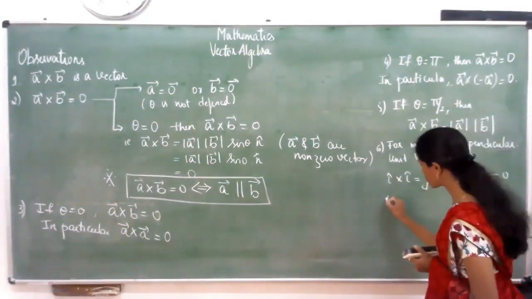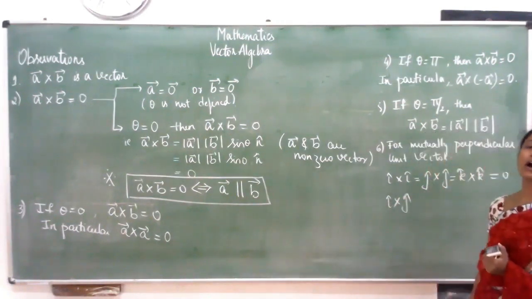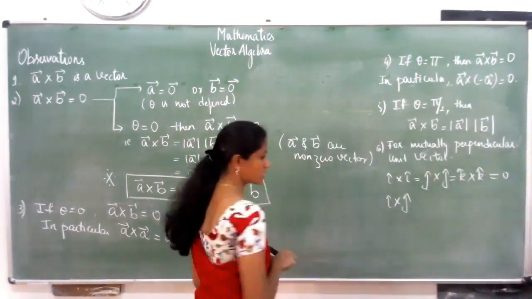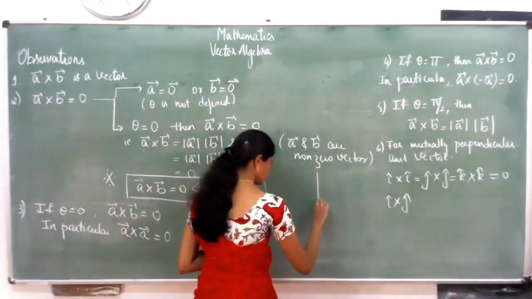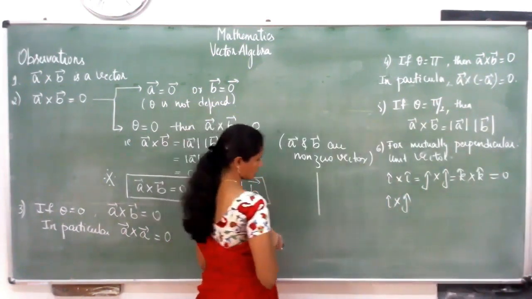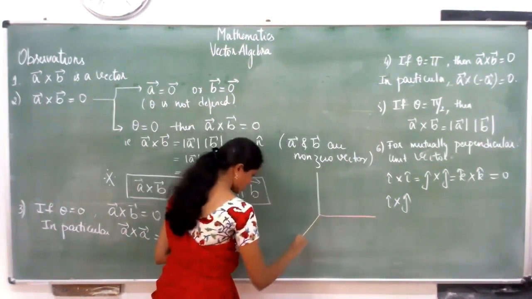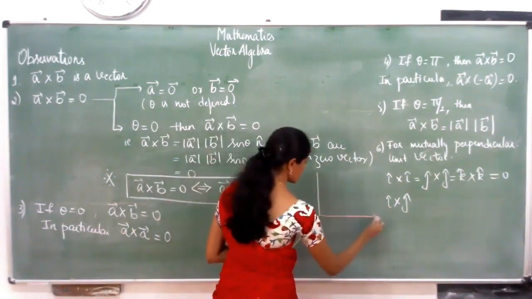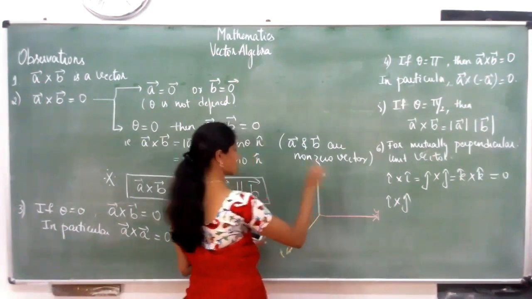Now, what is the value of I cap cross J cap? Let us see what happens here. This is your x-axis, this is y-axis, and you have z-axis.